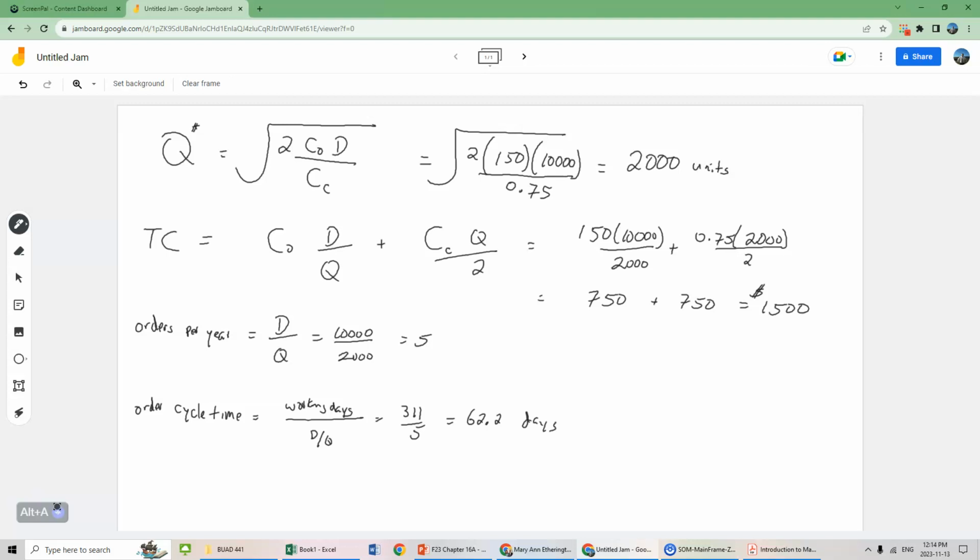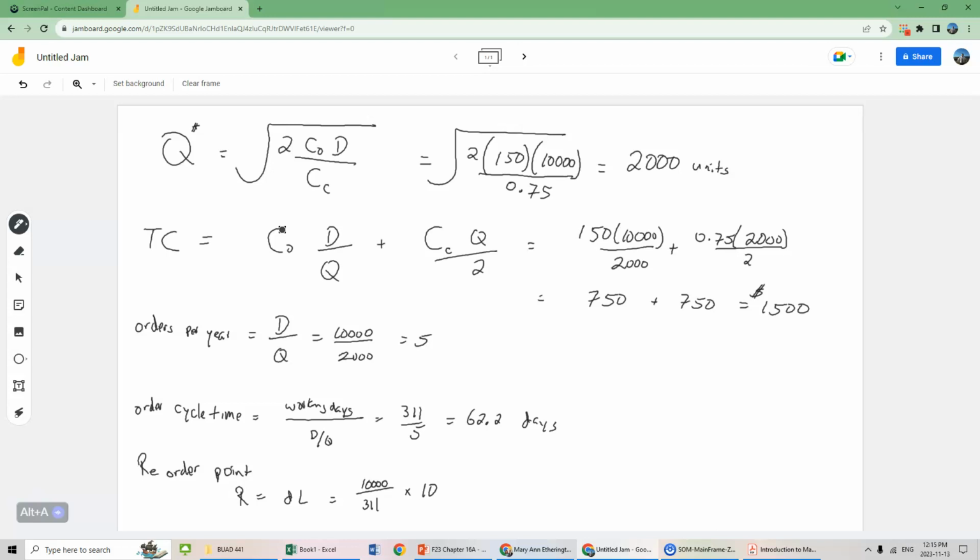Next, let's calculate the reorder point. The reorder point is R equals the daily demand times the lead time. So daily demand is 10,000 units divided by 311 times our lead time of 10 days.